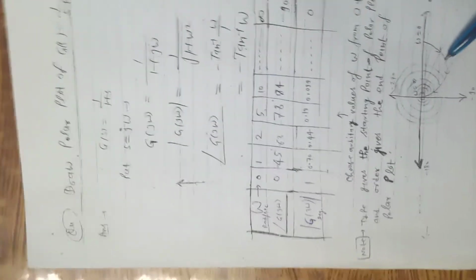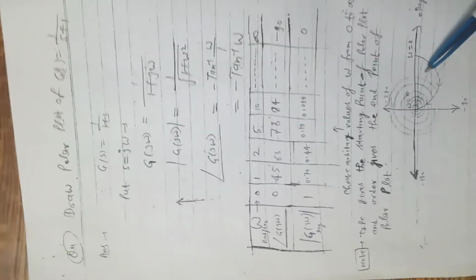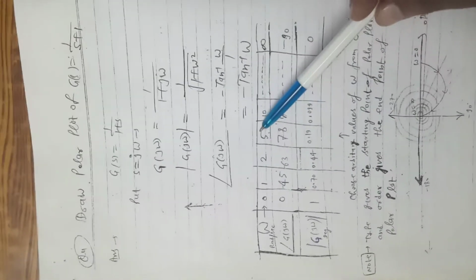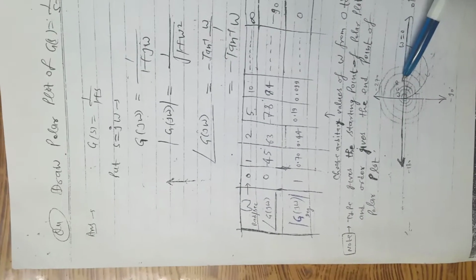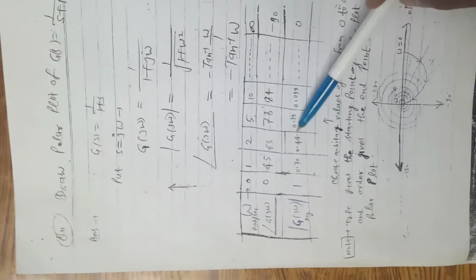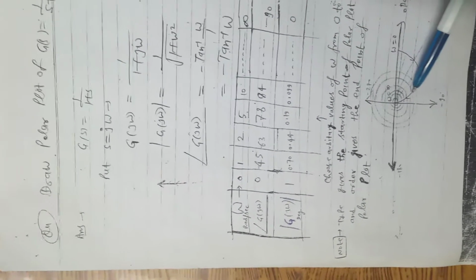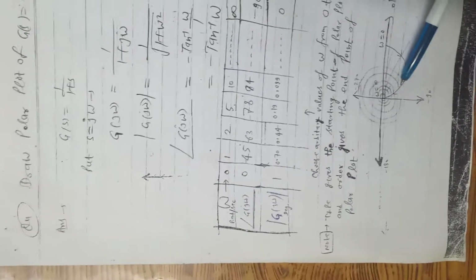Next, at ω = 2, your phase is increasing on the negative side, suppose this is minus 63, and your magnitude is reducing to 0.44. Further, at ω = 5, the magnitude is further reducing to 0.19, and now your angle is minus 70, so this is the next point.